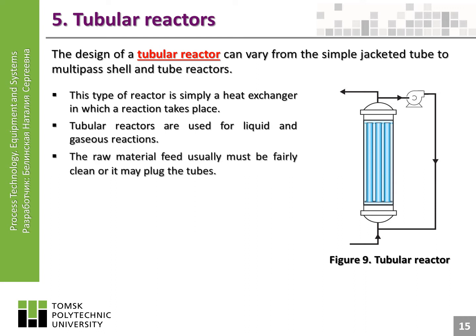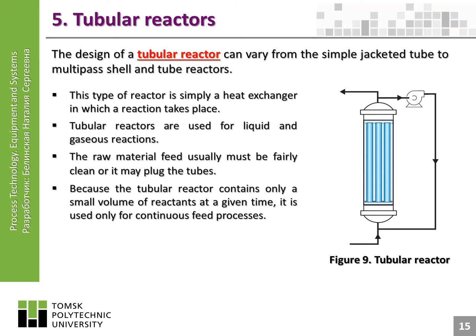The raw material feed usually must be fairly clean or it may plug the tubes. Because the tubular reactor contains only a small volume of reactants at a given time, it is used only for continuous feed processes. Tubular reactors are needed for chemical synthesis.